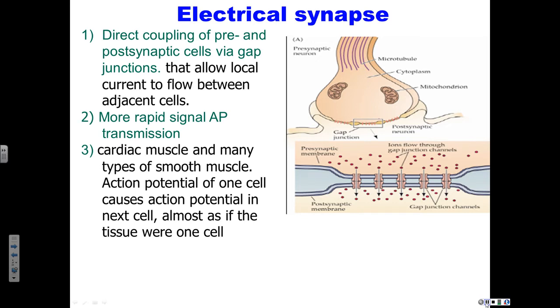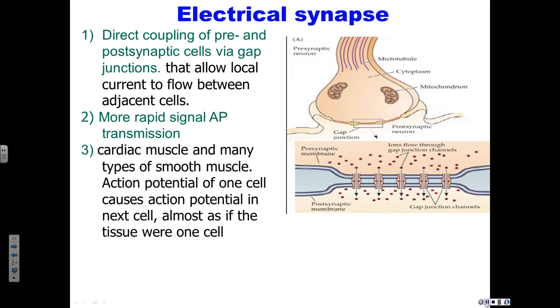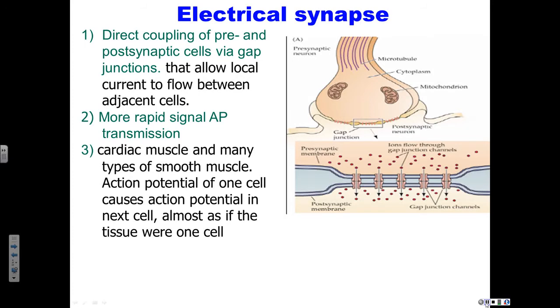And gap junctions let ions pass through. So what happens here is when the action potential comes down and, for instance, allows calcium in, that calcium diffuses from here to there immediately. It doesn't have to be released across the cleft, because there's basically an electrical connection.